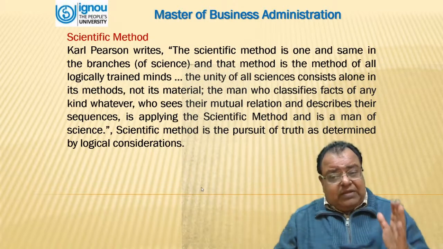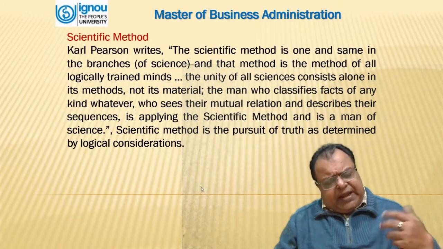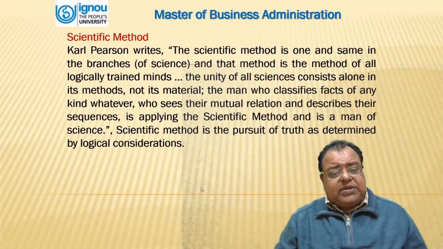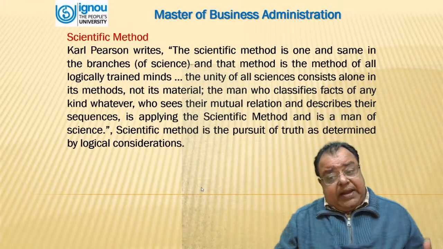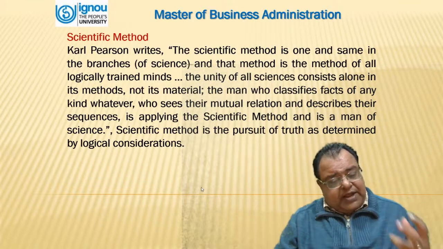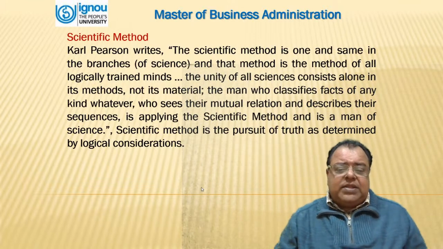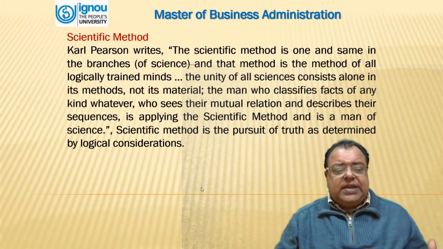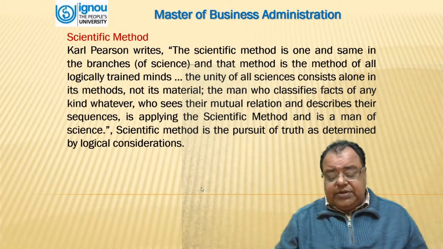The man who classifies facts of any kind whatever, who sees their mutual relation and describes their sequences, is applying the scientific method and is a man of science. Scientific method is the pursuit of truth as determined by logical considerations.